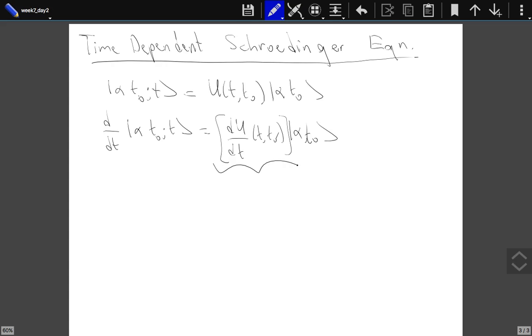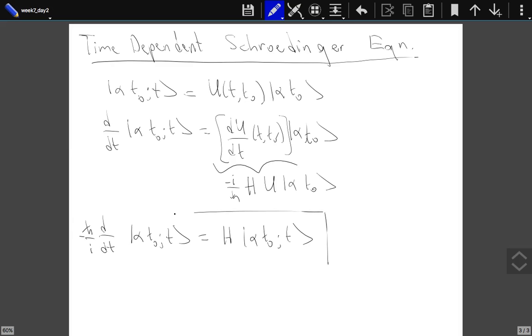But when we were studying the time evolution operator, we had also shown that that derivative was nothing but minus I over h bar, H times U. And this basically tells me that minus h bar over I times the time derivative of my ket at the time t is given by H acting on the ket at the time t.